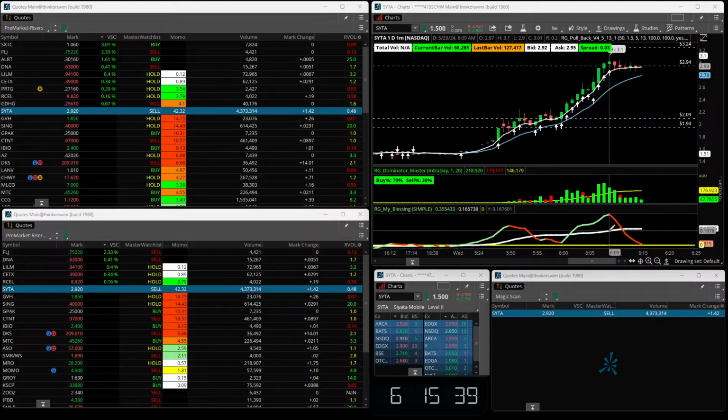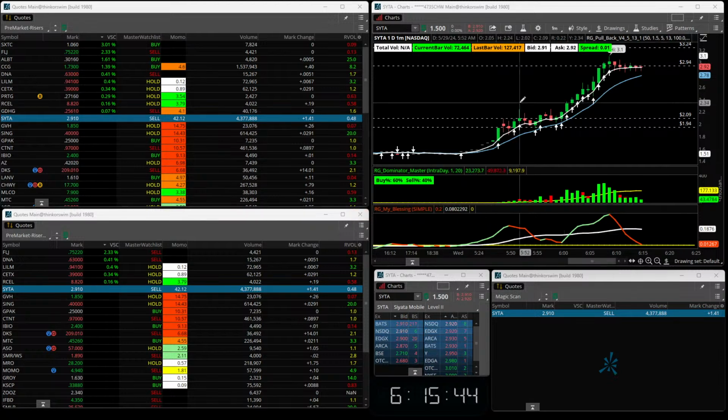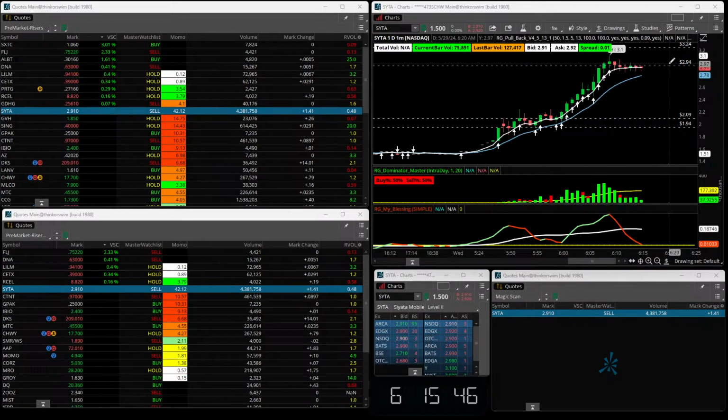Watching this bottom indicator here to see if it turns around. Looks like we're going to be channeling to the right for a while.